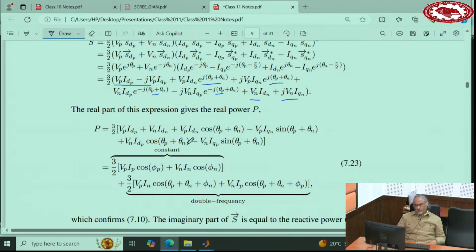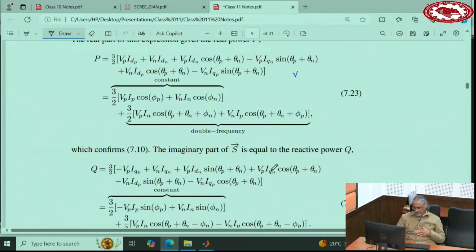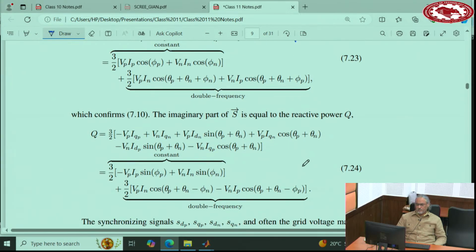So all that are real parts, regardless of constant or double frequency, put them together, that gives you the real power. And all the complex parts, put them together, they have some constant values and some double frequency values. That gives you the reactive power.